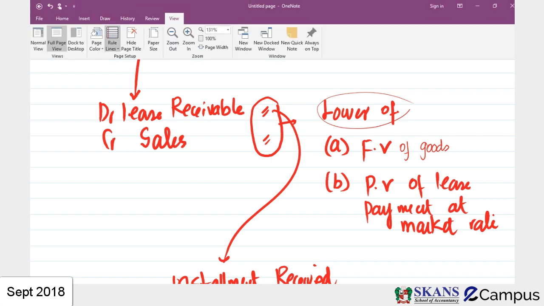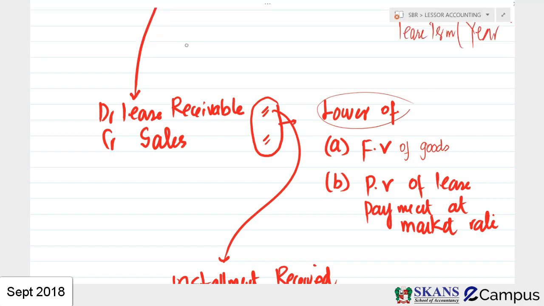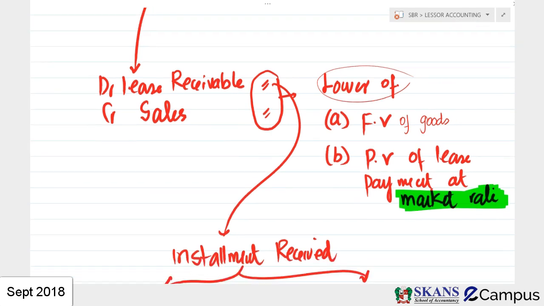This market rate is really important so that we can avoid the recognition of inflated revenues. According to the rate adjustments, they cannot book higher sales. So you take the present value of all the lease payments at market rate. Whatever is lower, you will book in the journal entry lease receivable to sales.